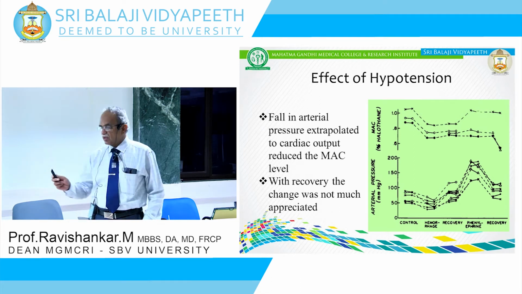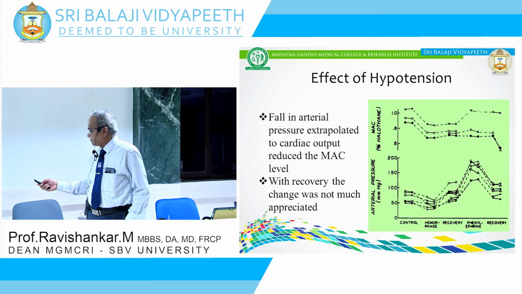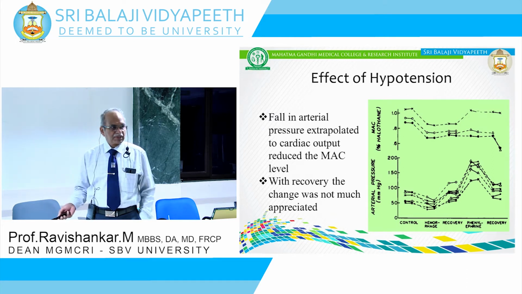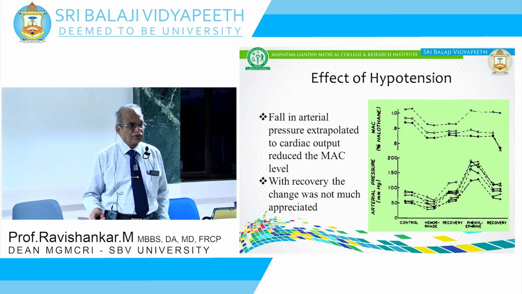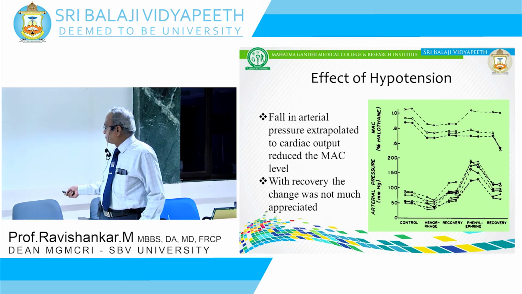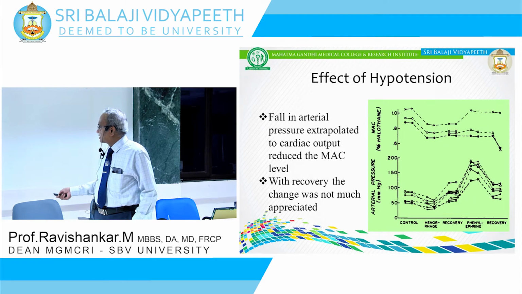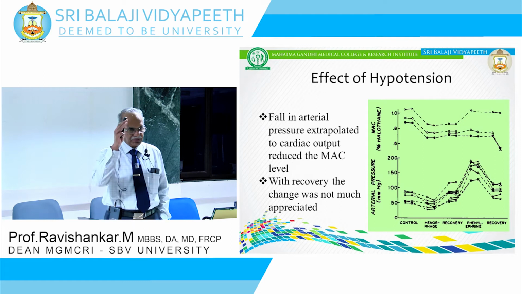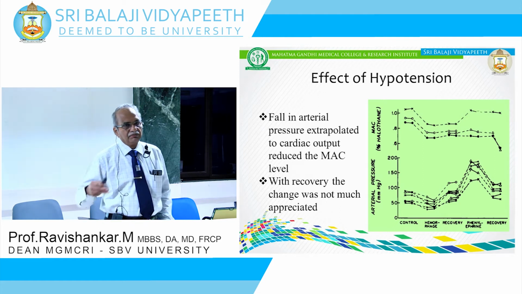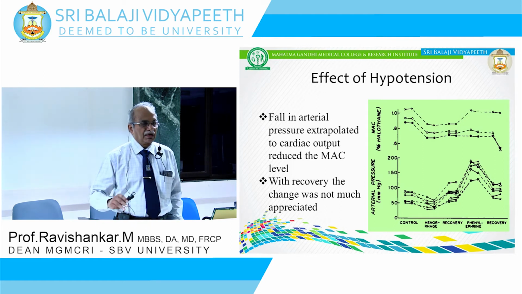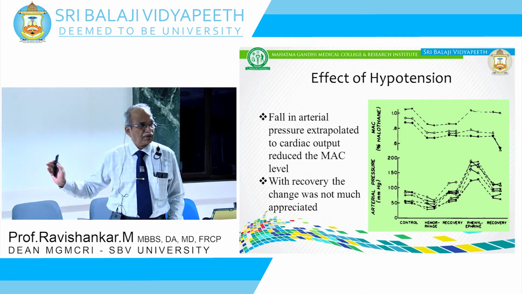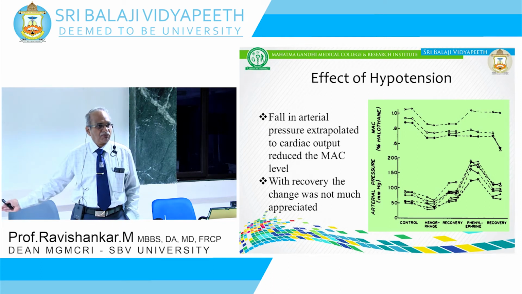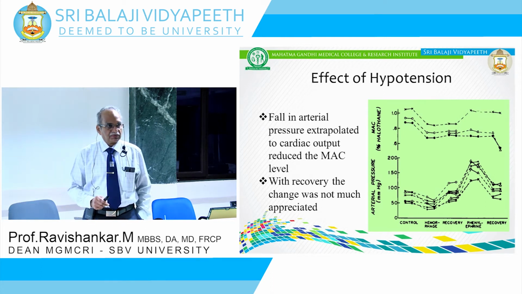So this is not an acceptable method to say whether the requirement of MAC will come back when the volume or the cardiac output is restored. This is a wrong assumption. You cannot interpret the cardiac output unless you measure it. You cannot extrapolate using a blood pressure as a means of computing a cardiac output.